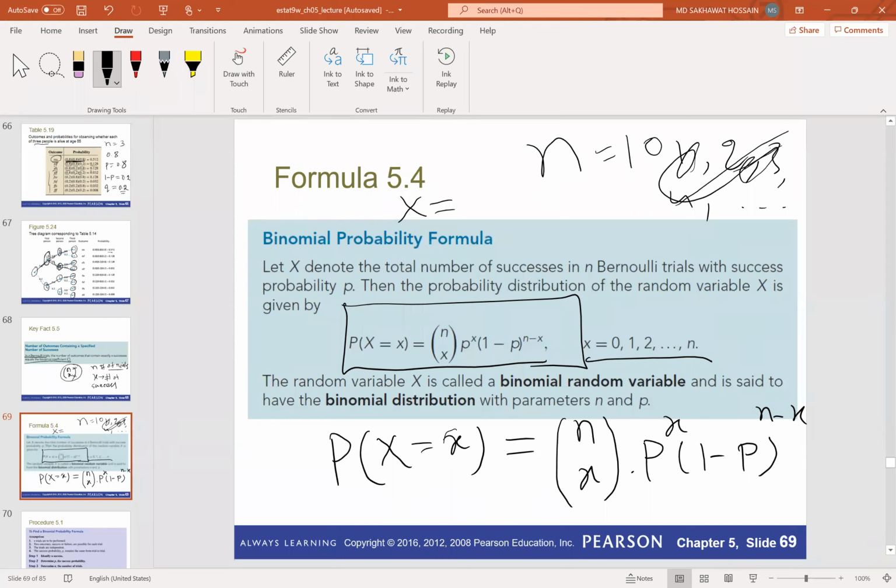This is the formula to calculate binomial probability. Or you can also write this as n combination x, p to the power x, and q to the power n minus x. So instead of writing 1 minus p, you can just write q. q is 1 minus p actually. They are the same, a different notation but the same thing.